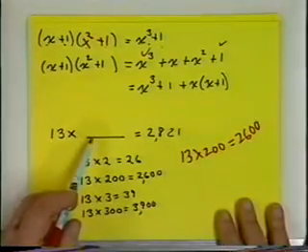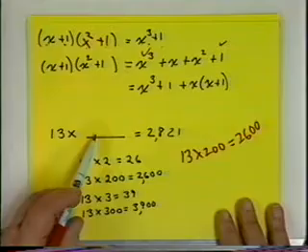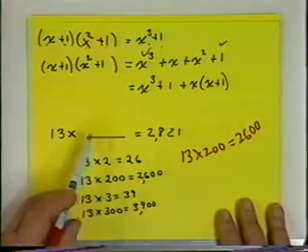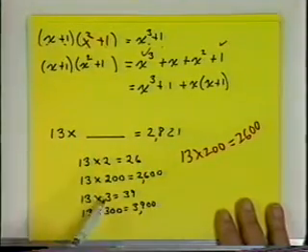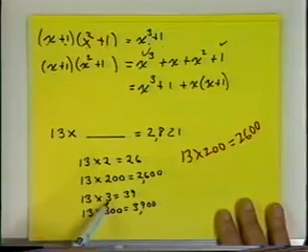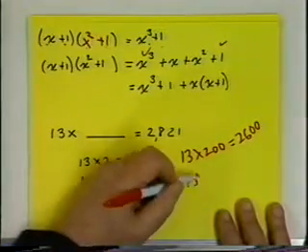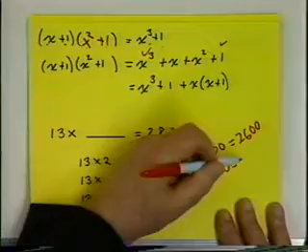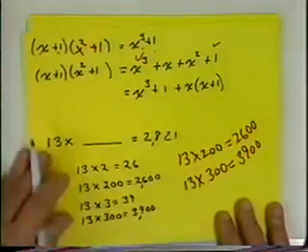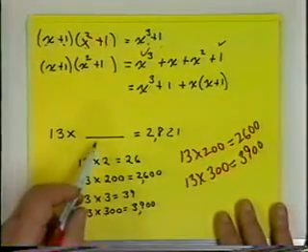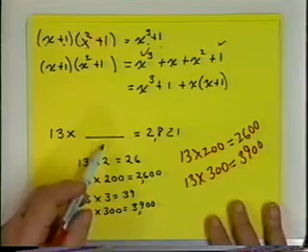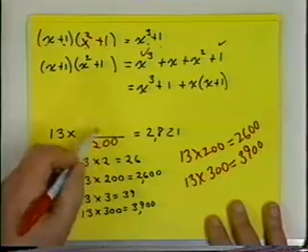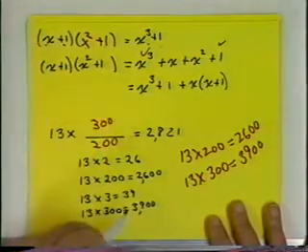Therefore, whatever number I put in here has to be bigger than 200, because 13 times 200 would only be 2,600. Well, what if I had 300s? 13 times 3 is 39, so 13 times 300 would be 3,900. That's too big. So I know that whatever number goes in here, what must it be? It must be more than 200, but less than 300.